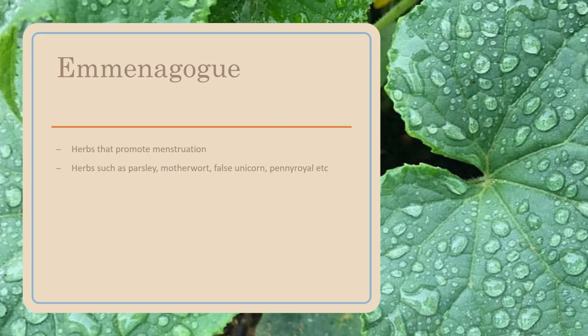There are herbs that will bring a late period about 60% of the time, such as angelica root, especially if the expected menstruation cycle is no more than 2 weeks overdue. So angelica root will be good for that. Also tansy, rue, and saffron, and there are books that talk about how much to use and what method is best to promote a menstruation cycle.